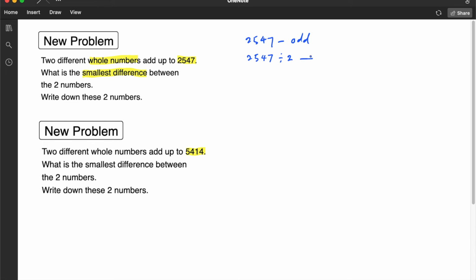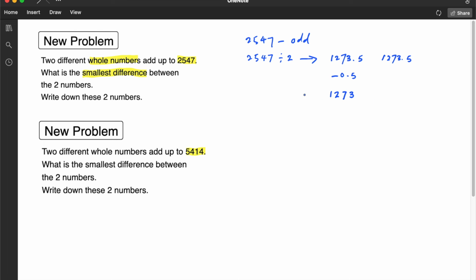If you divide this by 2, I believe you're going to get 1273.5, because we're going to have 2 of them. But because we are interested in whole numbers, and 0.5 is not a whole number, what we can do is to minus 0.5 from the first number. So the first number will be 1273.